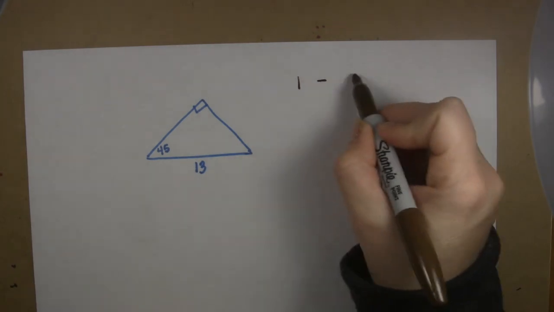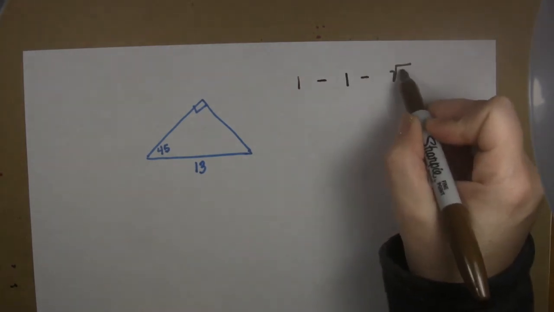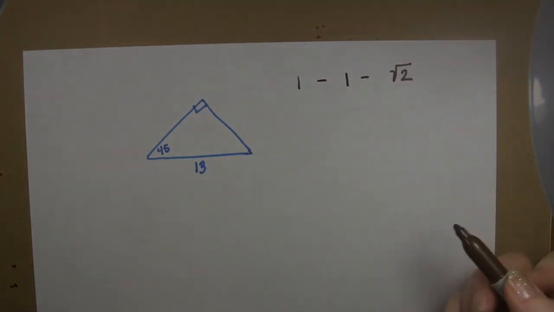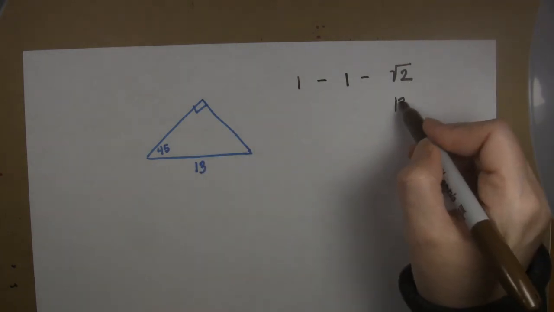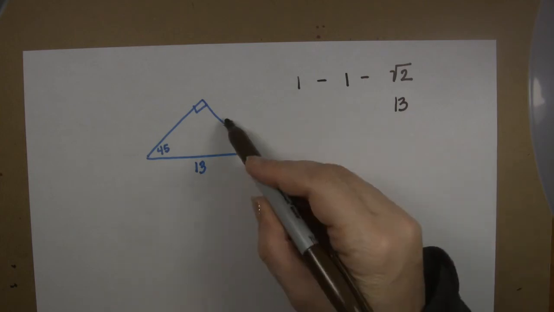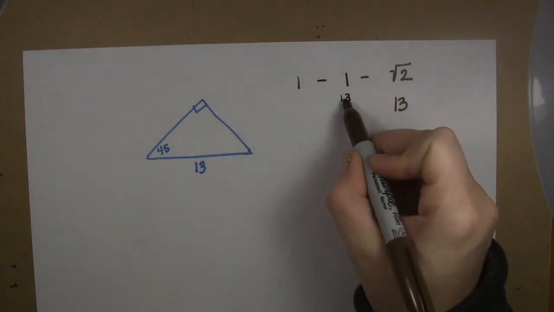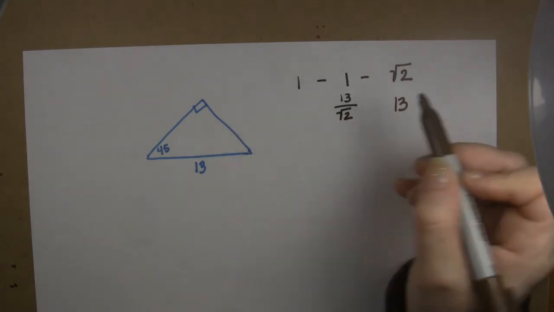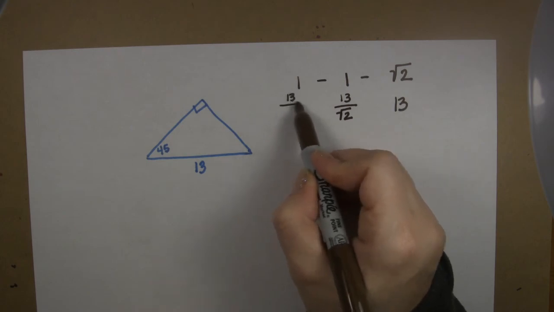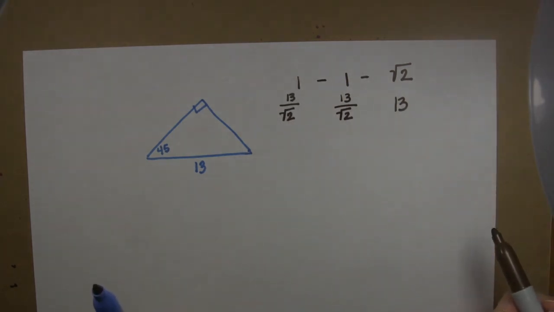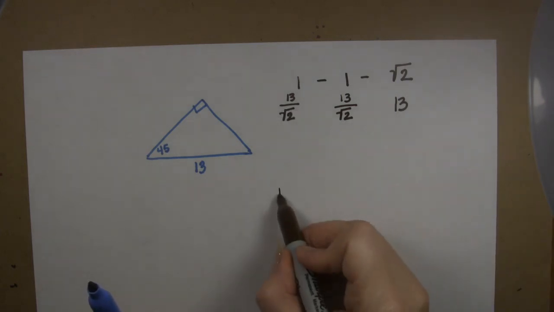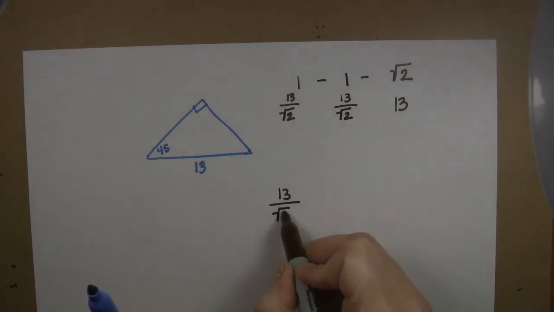We know that this is a 1 to 1 to radical 2 triangle, and we know that our hypotenuse is a 13. So what is this side going to be? It's going to be 13 divided by radical 2. And that's the same thing that the other leg is going to be, 13 divided by radical 2.